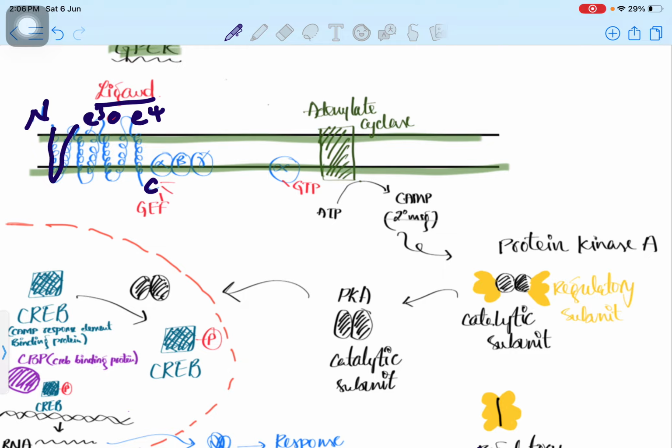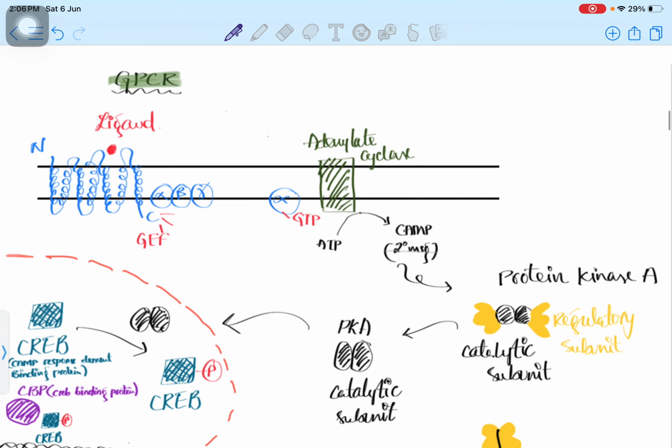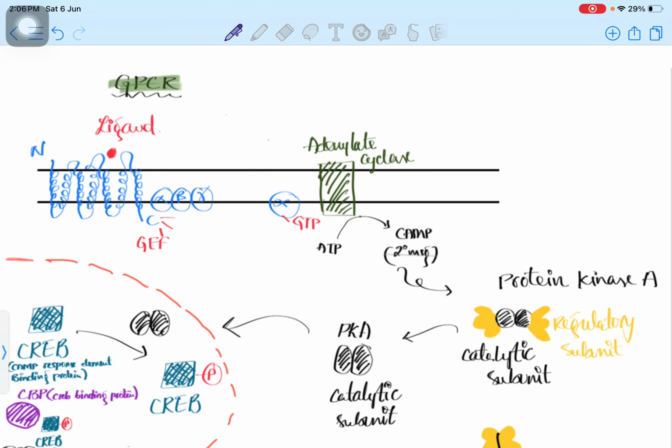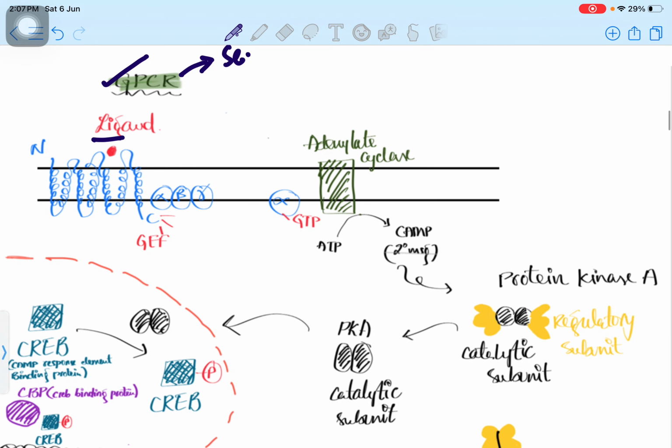You can see the N and C terminal, two regions are present, and this whole GPCR receptor is crossing around 7 times. Also, it is made up of protein. You know very well each and everything. But still I am revising so that you can remember for a long time. And you also must know why we are doing the GPCR signaling. It is responsible for senses. Senses like smell and vision, these all things happen with the GPCR.